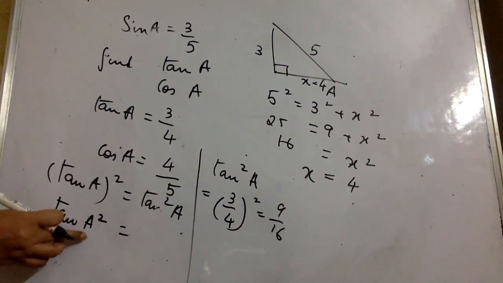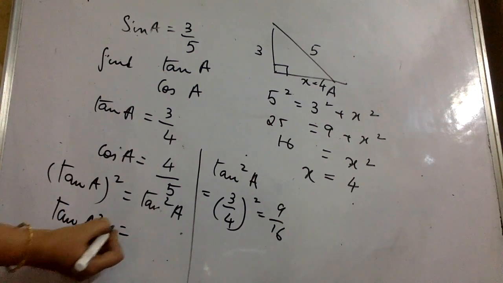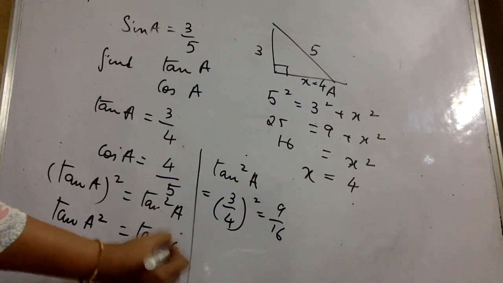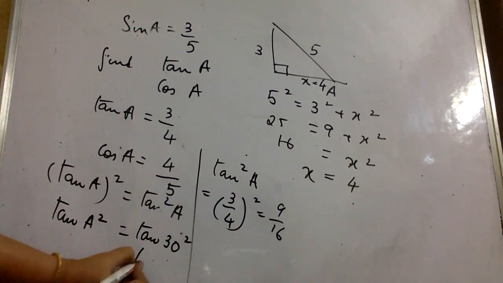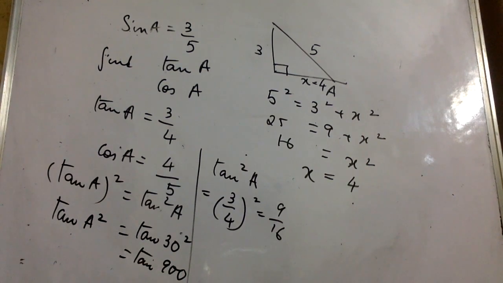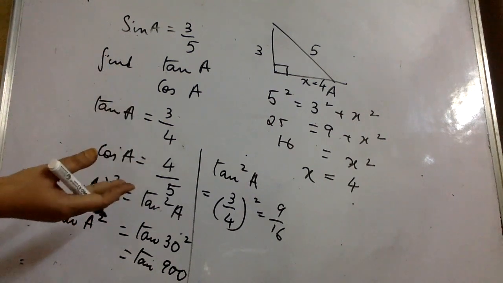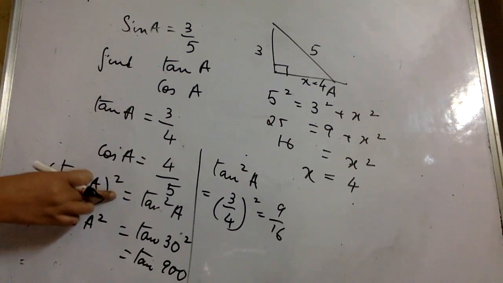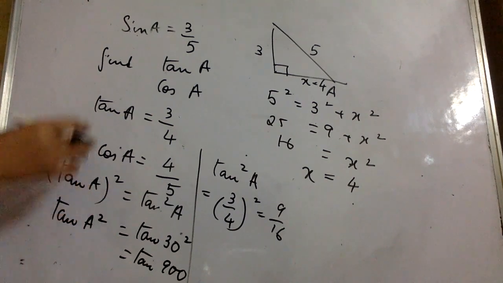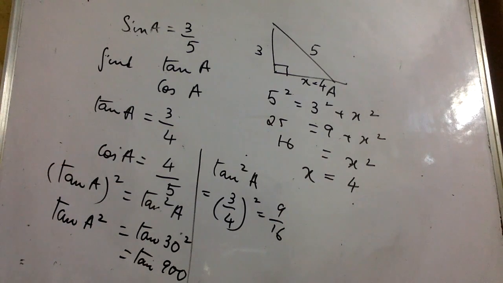It means the angle A has been squared. Means if A is 30 degrees, then it is tan of 30 degrees square, means tan 900. So that is the meaning of the square on the angle. The angle gets squared. But if the square is outside the bracket, it is meant for the final ratio to be squared. The same thing applies for cube also. Any power, it works like that.